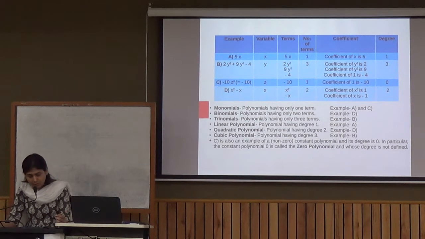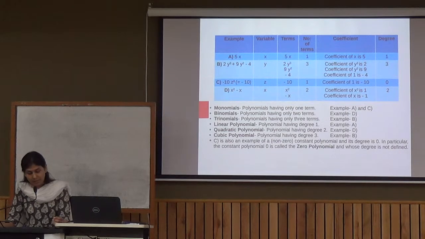Further classifying polynomials on the basis of the degree of the polynomial, we have linear polynomials, that is polynomials having degree 1, quadratic polynomials having degree 2 and cubic polynomials having degree 3. Again, in this table we can see that example A, that is 5x, is a linear polynomial since the degree is 1.